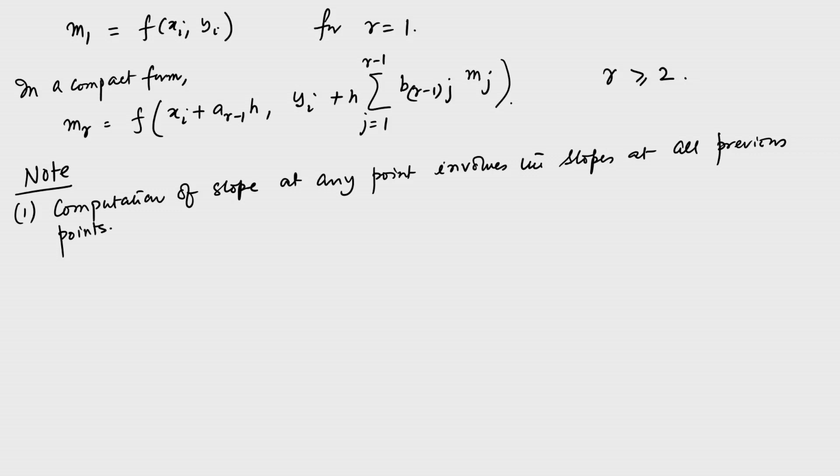This is the difference between the Euler method or the Heun's method, where you have chosen certain points and have calculated the value of the slope at those discrete points, and they have no relationship with each other. Maybe you require some data, but they are sort of independent, whereas in the RK method the slopes are all interlinked, which means that the slope at the rth point requires the value of the slopes at all r minus 1 points that are there before.